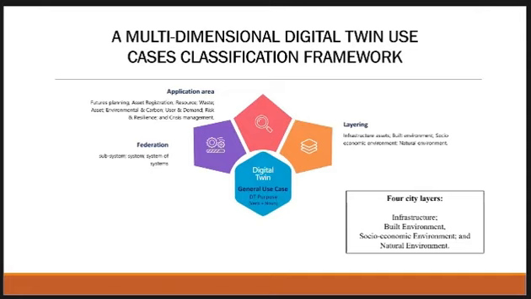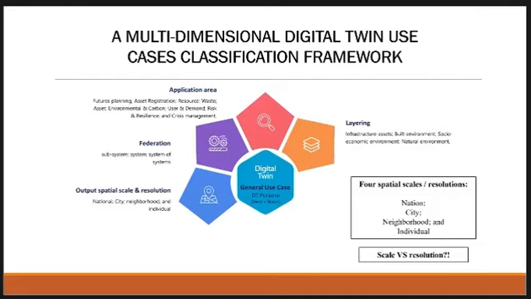We do have 3 more layers, including the built environment, and this includes all types and kinds of buildings. We also have the socio-economic environment and the natural environment as well. And one digital twin use case may cut through all 4 layers or just one layer. It depends on the use case and the purpose of the use case.